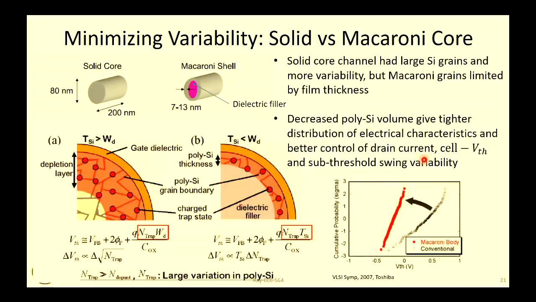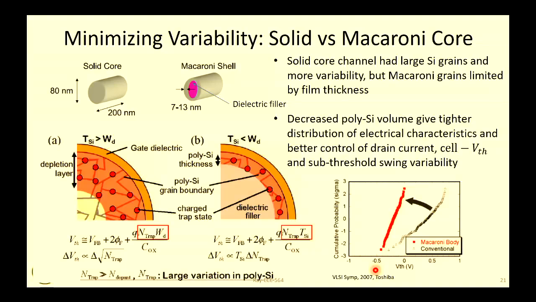If you look at the diagram, this was the variability, sigma. Y-axis is the probability, X-axis is the VT. This was the wide variability, from minus 0.5 to plus 1, 1.5 volt variation. If you fill it up with oxide filler, your distribution becomes much tighter. So that is a very intuitive, cute innovation industry came up with.